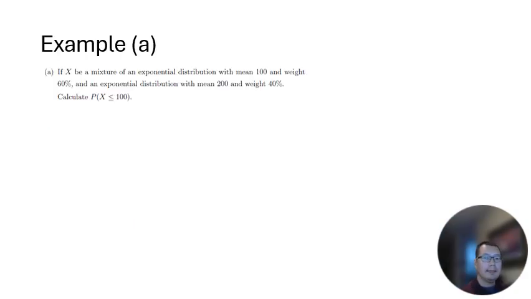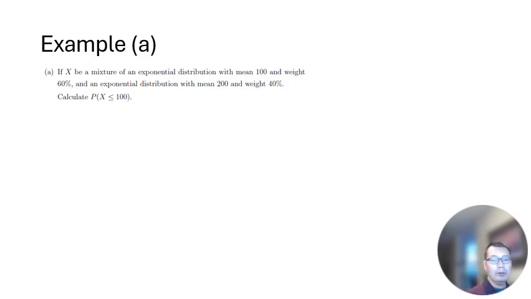Okay, let's look at some examples. Example A: let X be a mixture of an exponential distribution with mean 100 and weight 60%, and an exponential distribution with mean 200 and weight 40%. Calculate the probability of X less than or equal to 100.